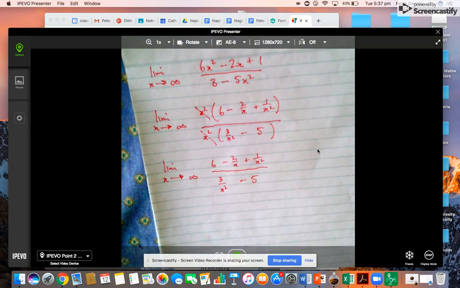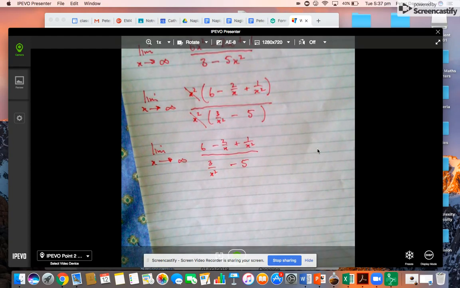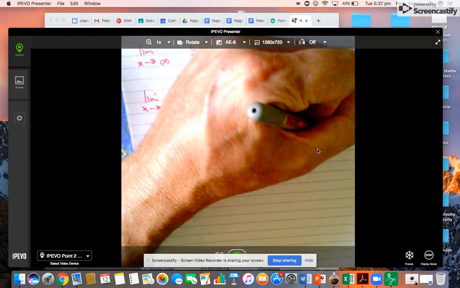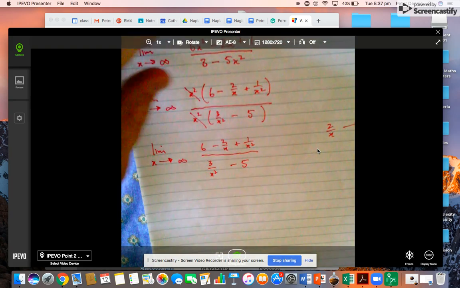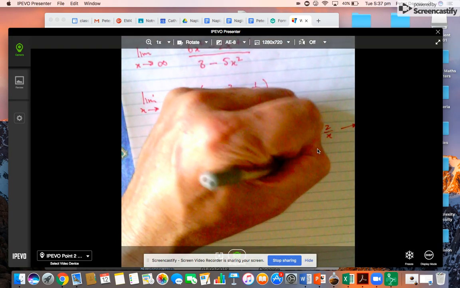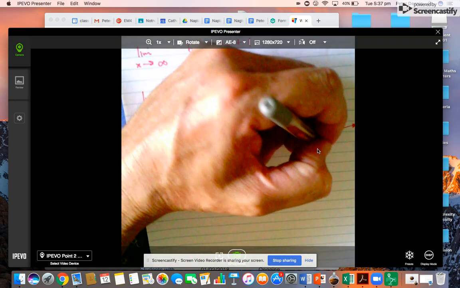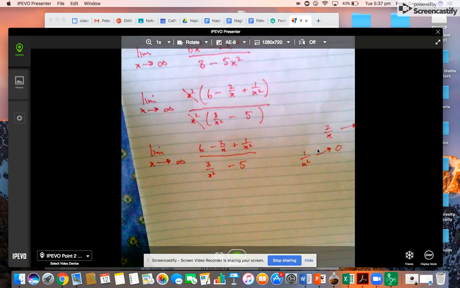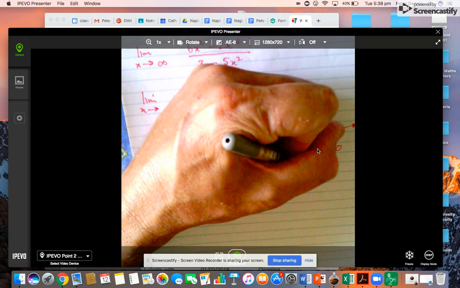Now, as x becomes really, really large, or as x tends to infinity, what happens to 2 over x? Well, that tends to 0. What happens to 1 over x squared as x gets really, really large? That tends to 0. What happens to 3 over x squared as x becomes really, really large?